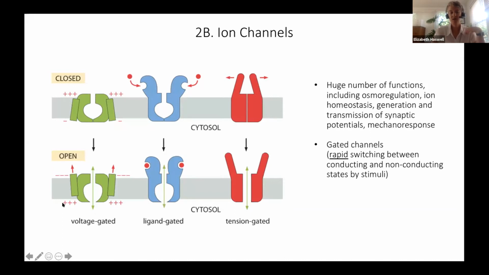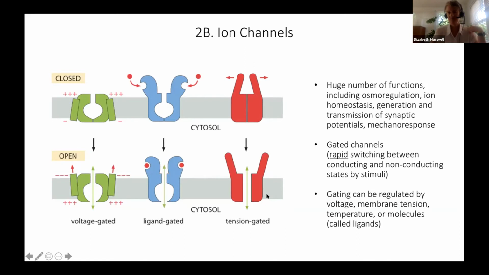When they reverse the polarity of the membrane, now the voltage gated channel is open and ions can pass across this little pore. Here's an example of a ligand gated channel, maybe a neurotransmitter like GABA binds, and that opens the channel. What we're interested in is this red class of channels that are tension gated.